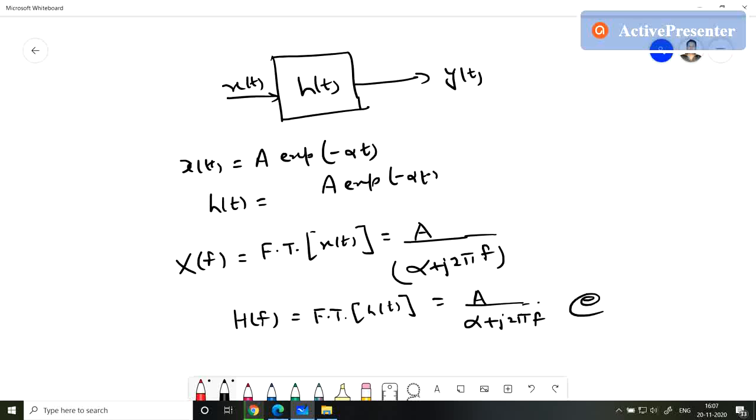This is the Fourier transform of the impulse response h(t), and this is also called the system transfer function.